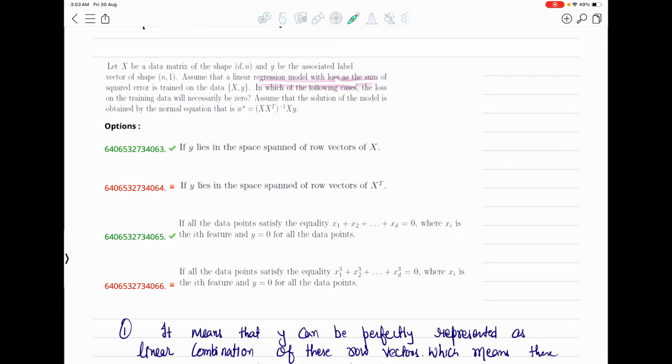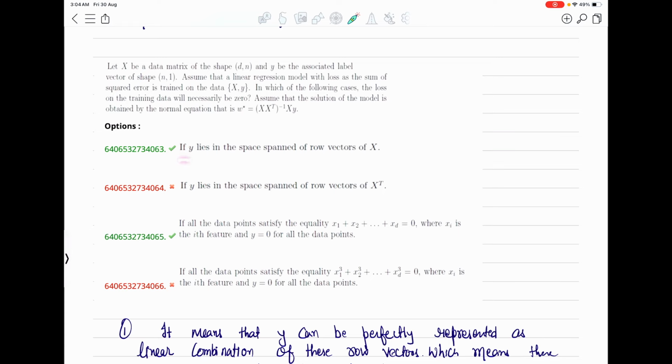Assuming that a linear regression model with a sum of squared errors loss is trained on this data set. In which of these cases will the loss on the training data set necessarily be 0? Assume that the solution of the model is obtained by the normal equation.